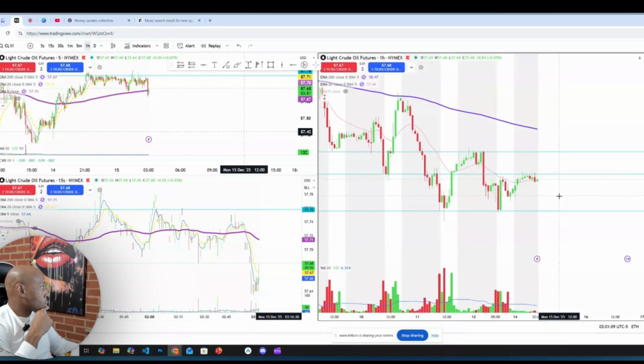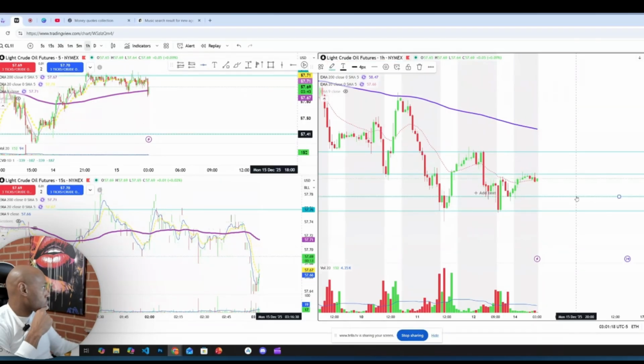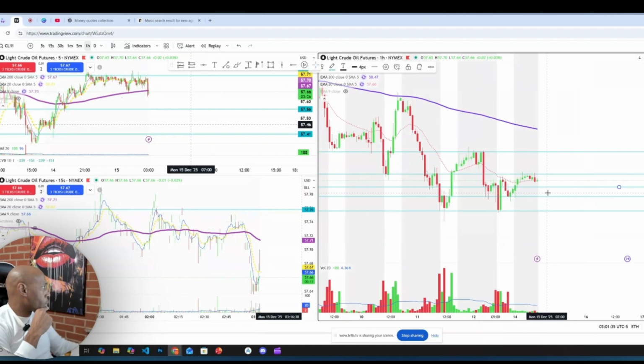I like that one there. And that one. All right, so I have about 5 levels on my chart at the moment.